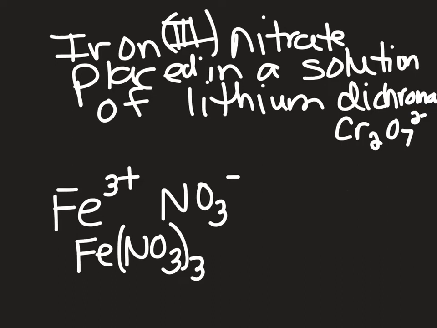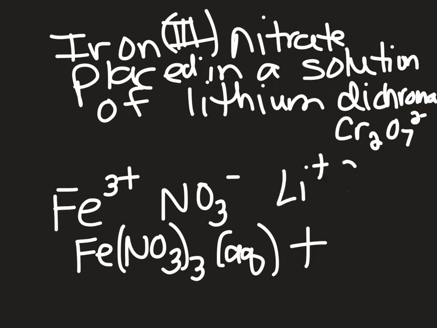All right, so now that we have our formula, I'm going to start from here and say, hey, this guy's aqueous. And how do I know? Because the nitrates are always going to have the ability to be aqueous. Next substance then. We have lithium, who's in family 1, and we've got dichromate, who's a 2 negative, and that comes from the bottom of your periodic table.